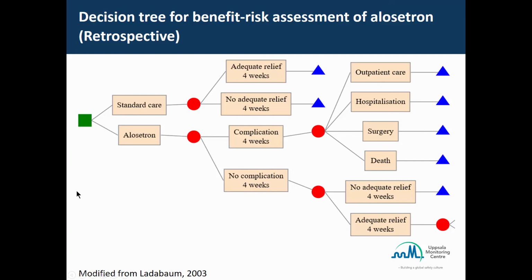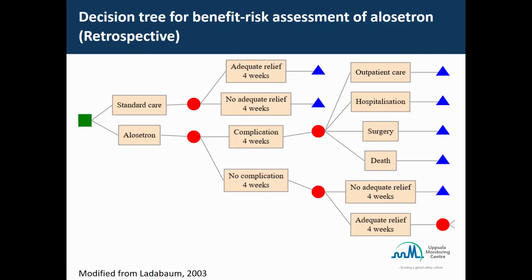So the green square to the very left here shows which alternatives are considered, and in this example it's alosetron and standard care. The red circles that you see here are so-called event nodes, which outline what possible events are considered.